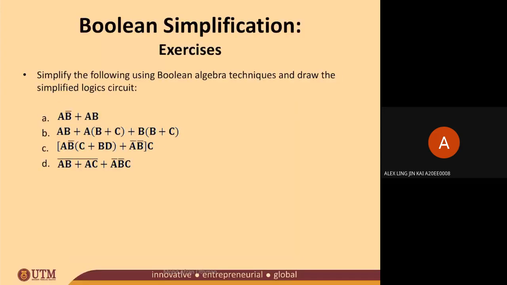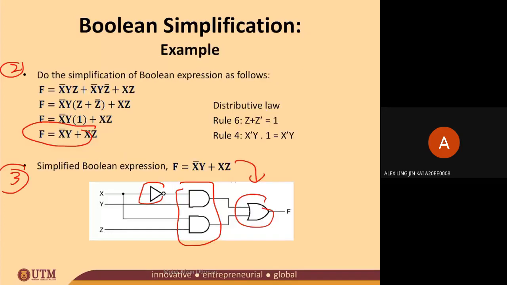Okay. So from this section on Boolean, as a conclusion, you have learned how to generate the Boolean equations. You have learned about the laws and also the 12 rules in order to simplify the equation.